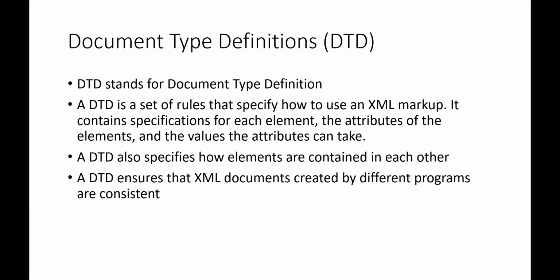We can specify for each element its attributes and the values the attributes can take. So it's important what people actually could use. And we can use DTD also to define how they contain each other. This is important because XML documents can be created by various different programs, and to make them consistent, we are using DTD.